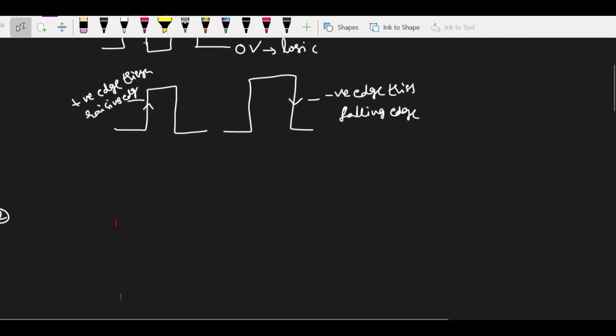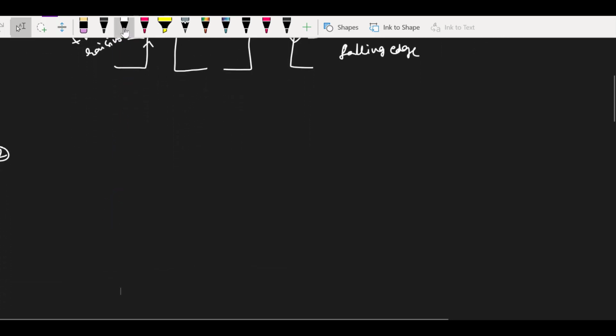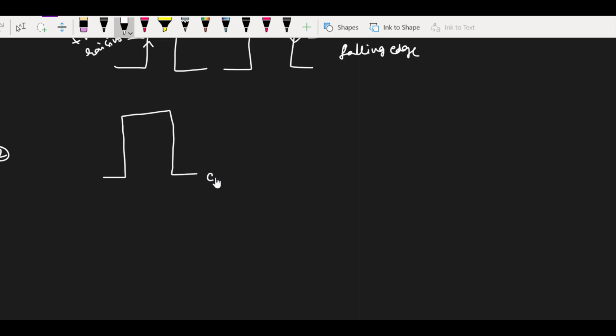Now if you discuss further, your digital signal is defined with predefined levels. So this is 0 volts, this is 5 volts, as I said previously. Anything above 3.2 volts up to 5 volts, this entire region is called logic 1.